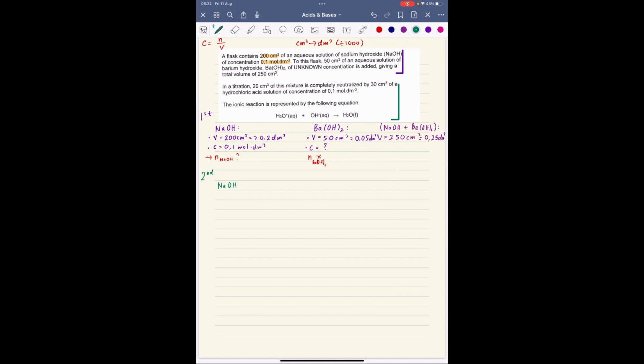In the second reaction, I have this mixture of NaOH and Ba(OH)2. We say that we have a volume of 20 centimeter cube. So from that 250, we take 20 centimeter cube. Remember, convert this as always: 0.02 decimeter cube. And that's all we have. We don't have the concentration for it. We don't have the moles for it.